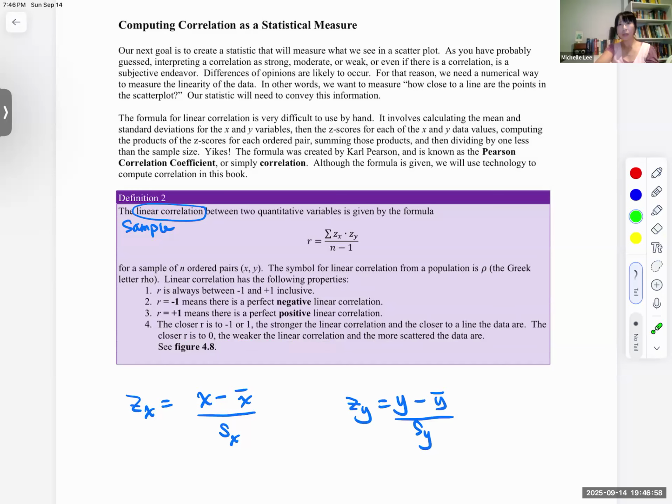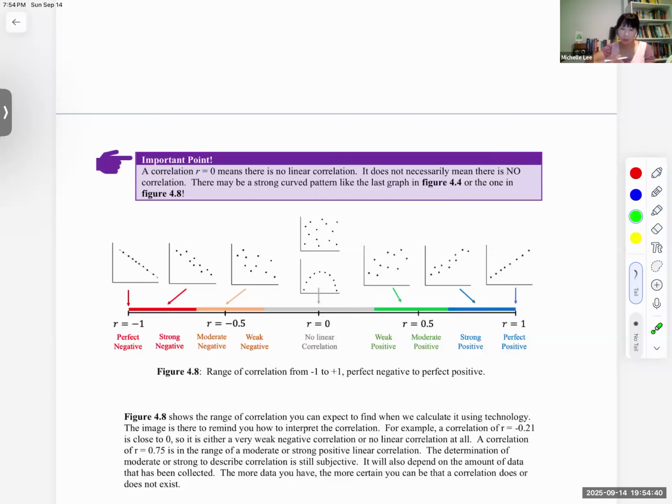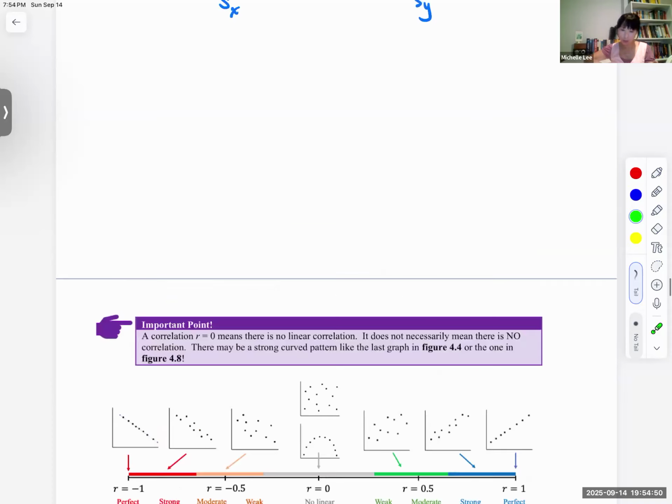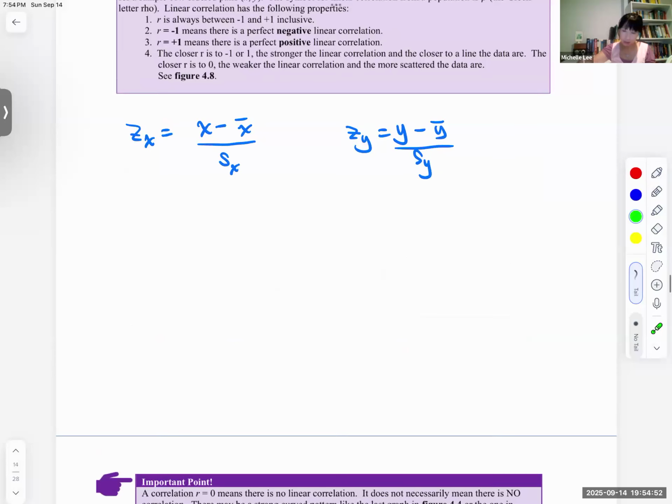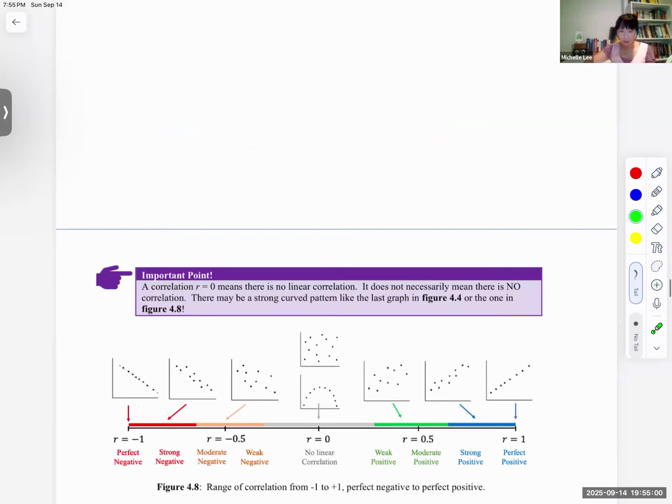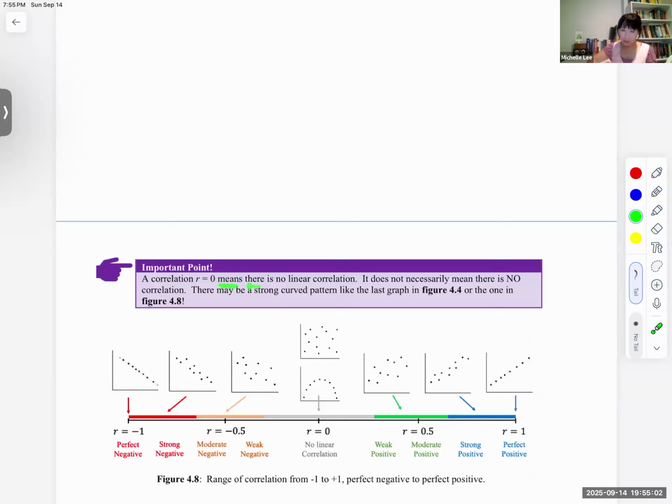Okay. All right, so earlier they said that when r is close to zero, then a weak linear correlation exists, right? We had that earlier. Weaker, close to zero, right? But if r equals zero, it means there is no linear correlation.